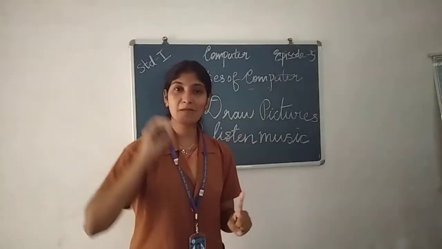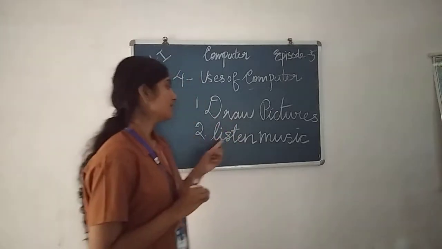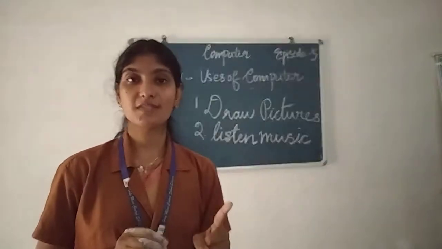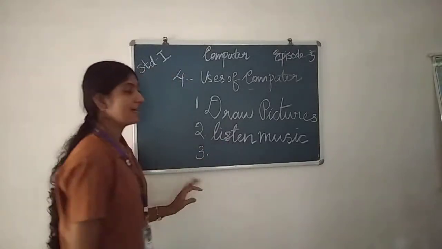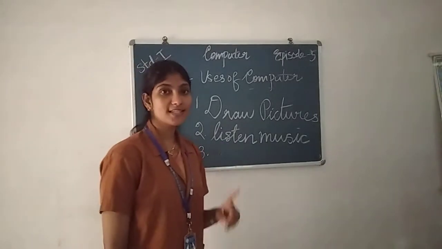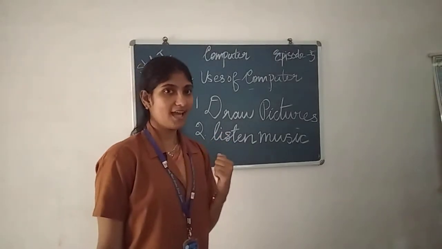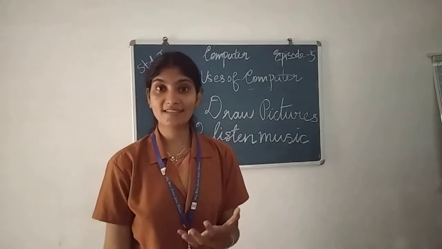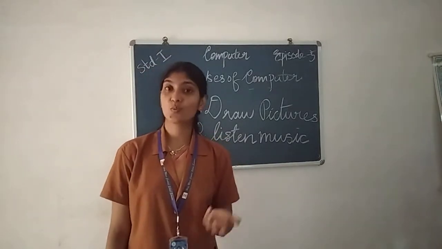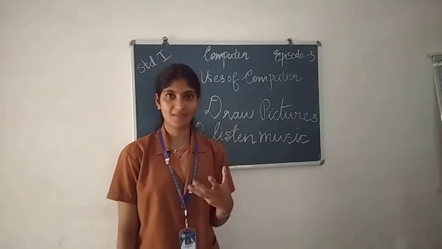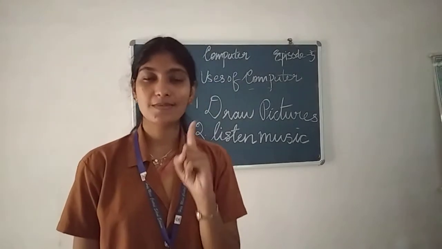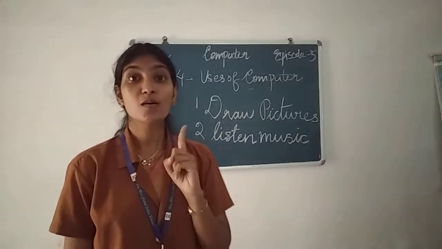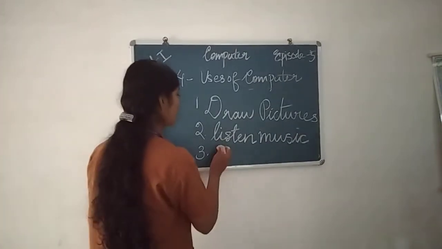We can draw many pictures in a computer. Second one, listen music. Third one, we can watch films. Have you seen films? Do you like to watch films? Yes, right? So, we can watch films or movies.